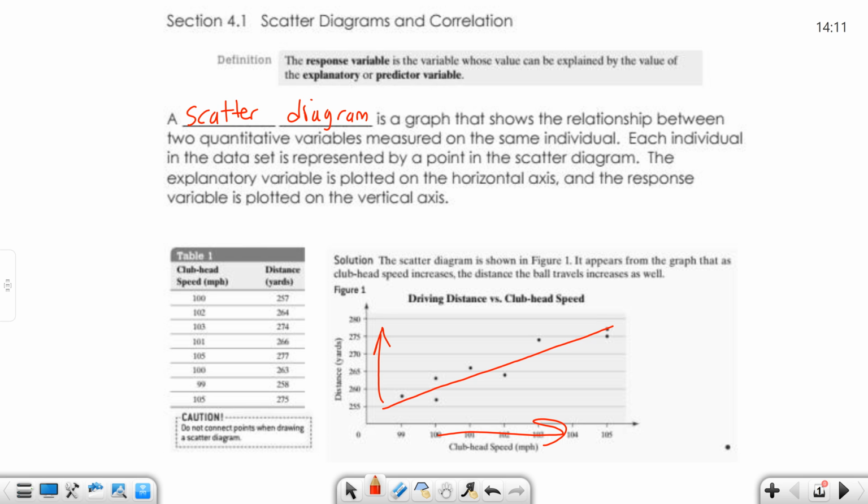Even though those points are not in a perfectly straight line, I drew a line that represents the general tendency of them. As one got bigger, the other got bigger. The club head speed is the explanatory variable. The distance the ball travels is the response variable. So the faster the club head speed, the further the ball goes.